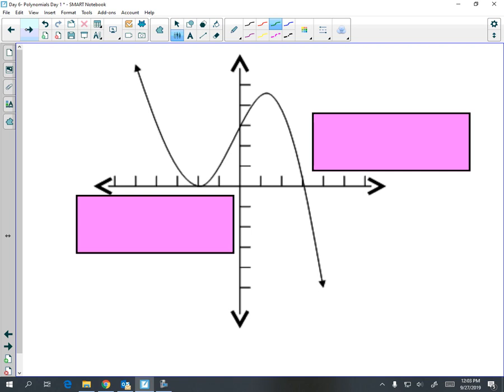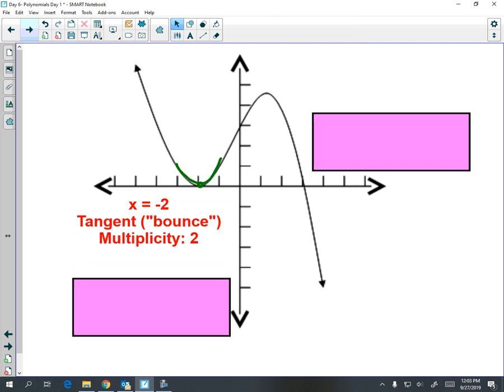So we have two x-intercepts here. The first one, what shape do you think it is? I think it's a bounce at x equals -2. That means that solution happened twice, or you'll see it in an equation as x plus 2 squared.